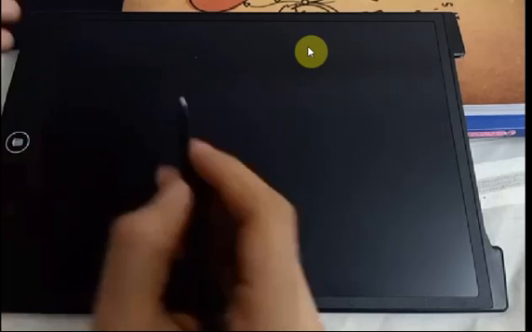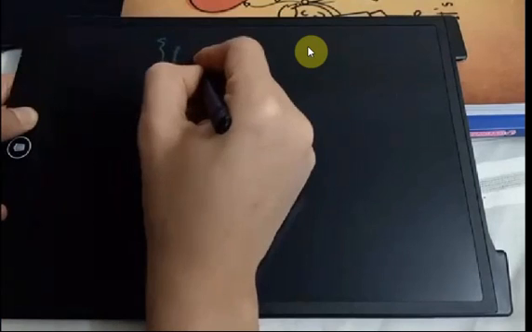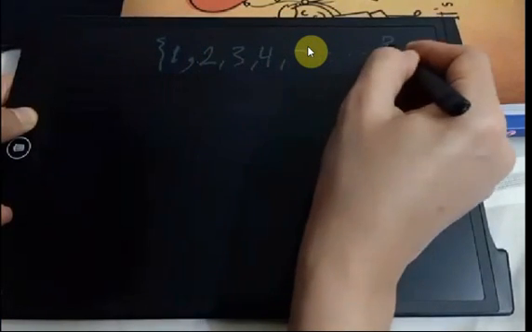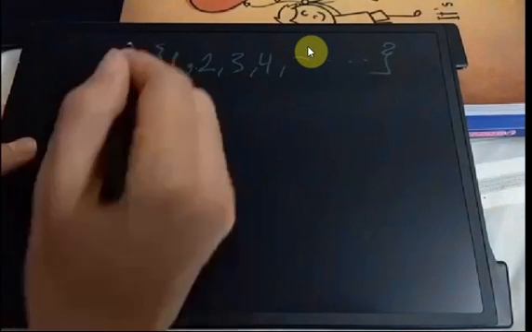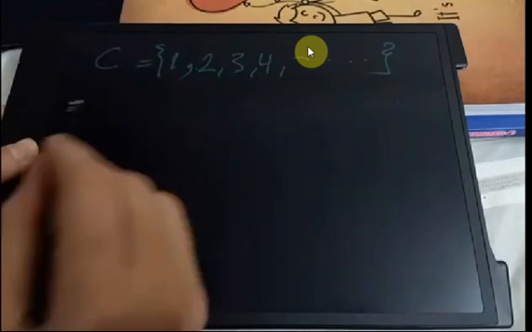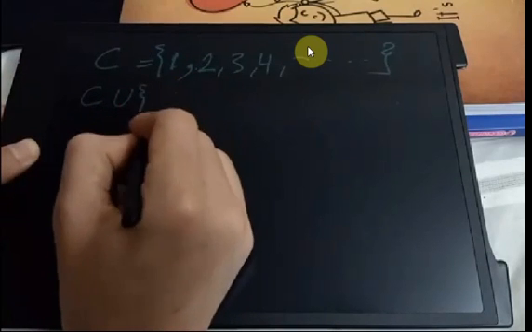Who can say to me what this set is? 1, 2, 3, 4, and so on. It's the counting numbers, and we can call it C.